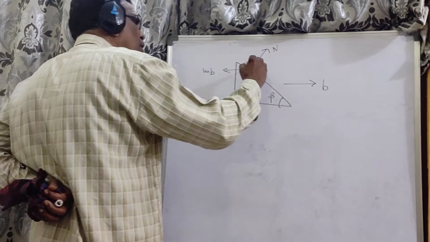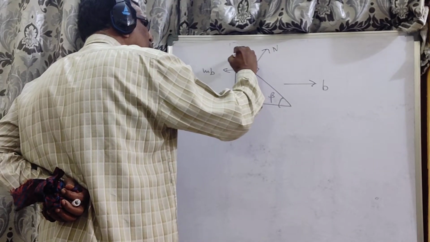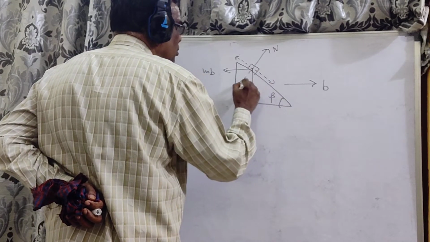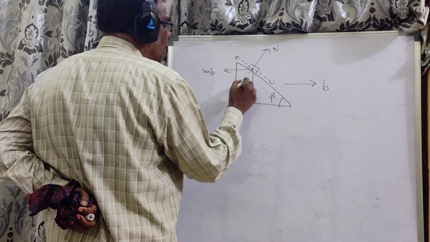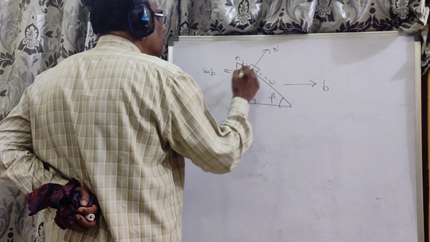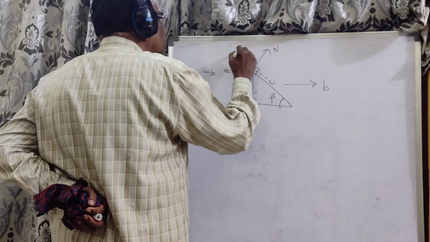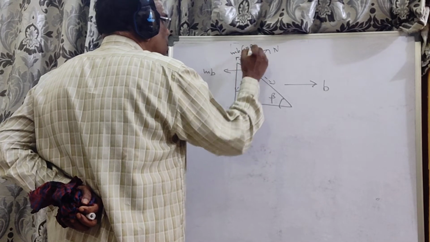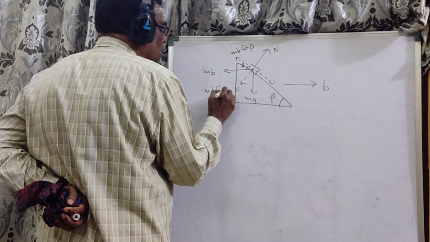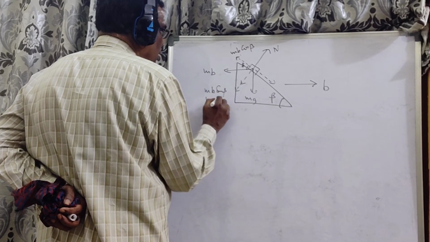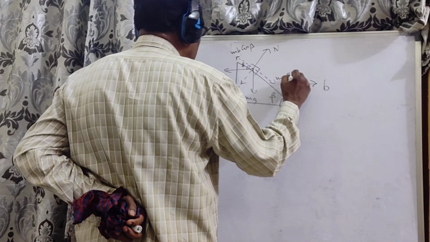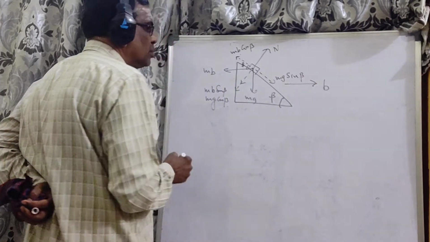So mb component is like this, and the mg component, there are two. This is beta, so mb cos beta, mb sin beta, and mg cos beta. This is mg sin beta.